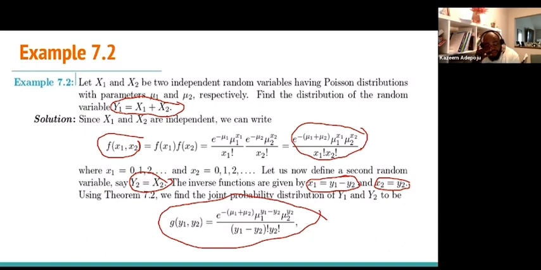So we got g of y1, y2, but you know what we're looking for, right? We are seeking the distribution for Y1.